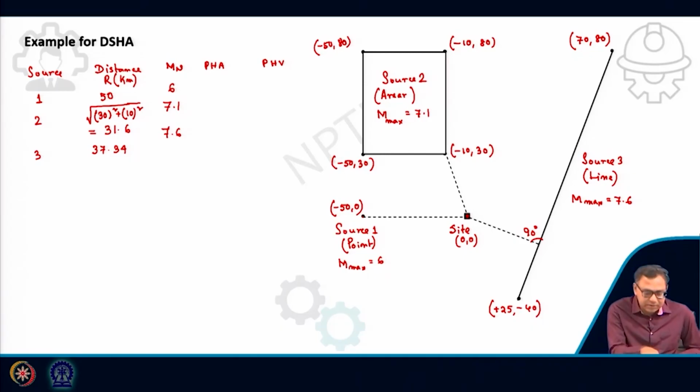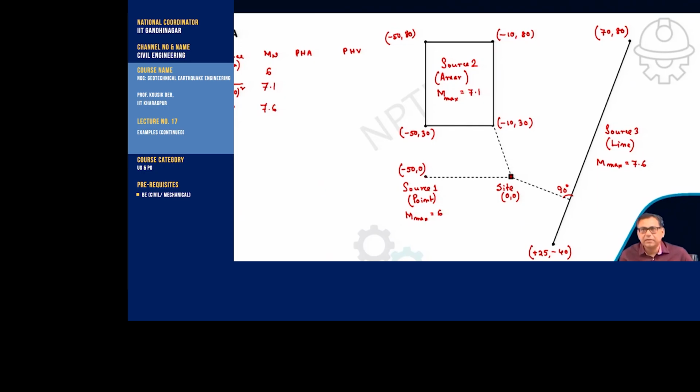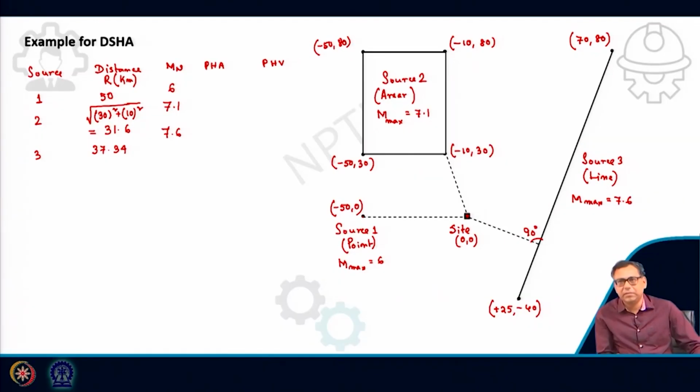Because the distances of sources 2 and 3 are more or less the same, but the distance of source 2 is closer than that of source 3, while the earthquake size at source 3 is higher than the earthquake size at source 2. So let's do that. Now the question is, I have discussed so many attenuation relations. Which one will I use?